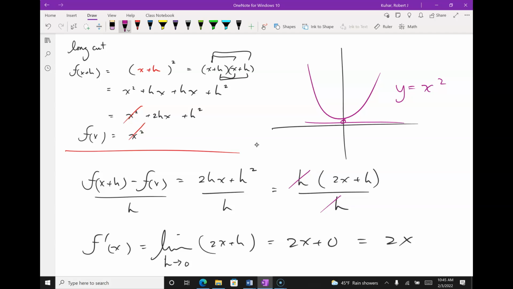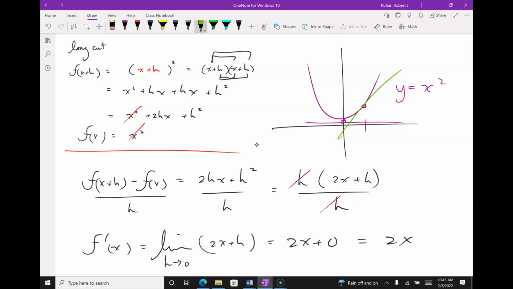At 0, what's the slope of that tangent line? What's the slope of that line? 0, right? Plug in 0 to this, and I get that slope. When x is 1, that green tangent, the derivative tells me the slope at any point.